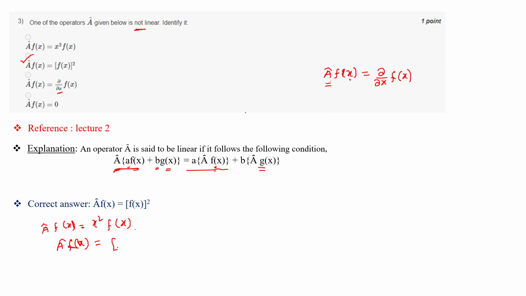Your initial function was f(x), and it changes your function completely. This is f(x) square. This is a different function. So it is not following the condition, it is not linear.